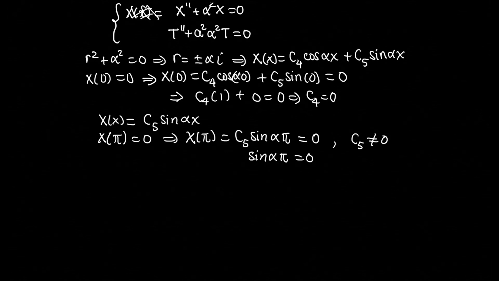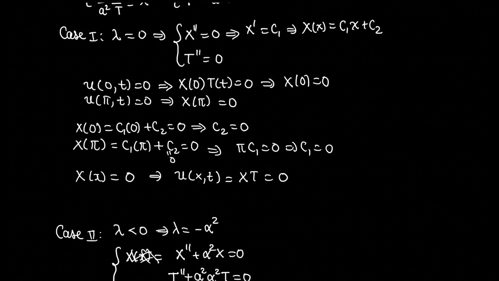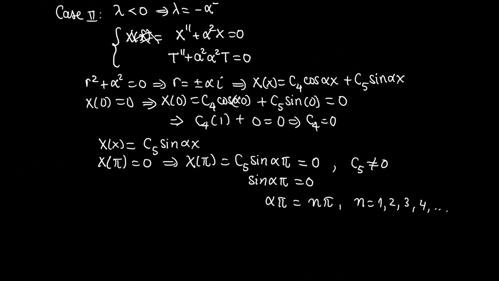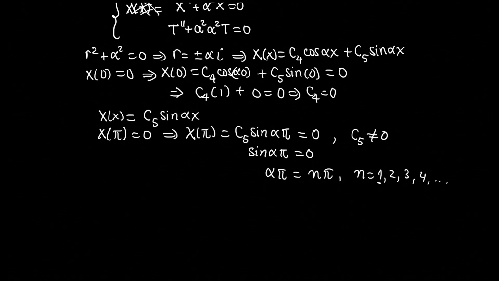Then alpha pi equal to n pi. I'm going to say n is 1, 2, 3, 4, and so on, because if n equals 0, everything just gives me 0, and I go back to case 1 where lambda equals 0, whose solution is just 0. So I will start n at 1.